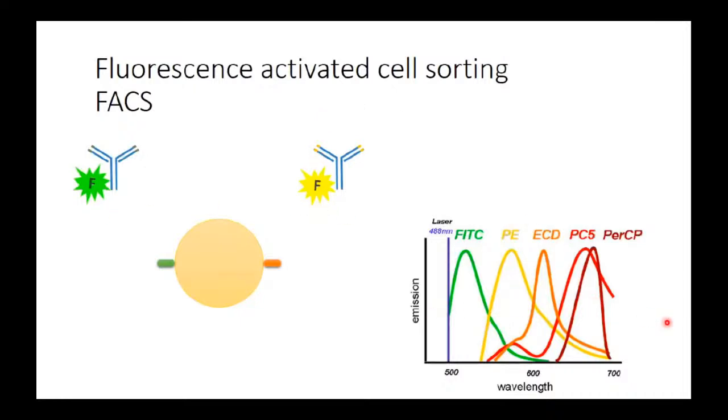Every fluorophore emits light at a different wavelength, and I need to know the wavelength each fluorophore emits light in. So if I use two different fluorophores, then I can study two different proteins. For example, this fluorophore emits a green light, or a light green light, and this fluorophore emits yellow light. So they are different wavelengths.